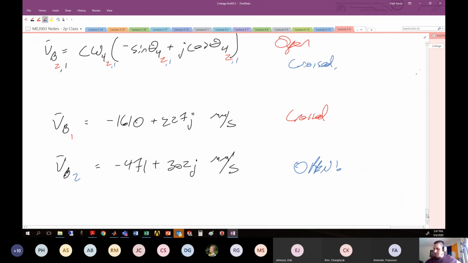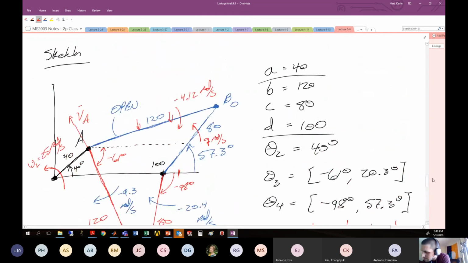All right, so let's look at each of these. Velocity of B, situation 2 for the open configuration. I have a negative x component and a positive y component. So let's go back up to our figure and take a look at this. Here we are with our open configuration. I'm looking at the velocity of B in the open configuration, which is the velocity of that particular pin. I know that if I have this angular velocity that's negative 4.12, I might expect the velocity of that point relative to A to be in a certain direction.